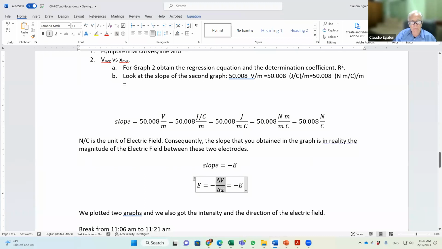In our case, it's a one-dimensional type of problem, so it's going to be something like that. So the slope you get ends up being equal to minus E, which is equal to minus the slope.